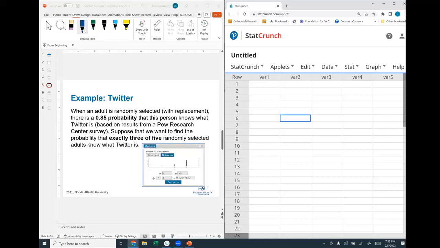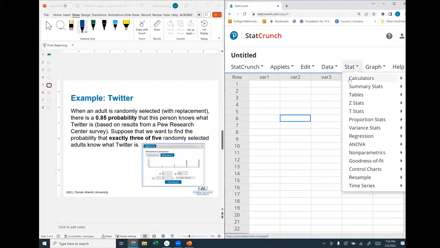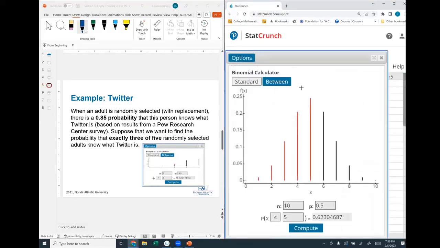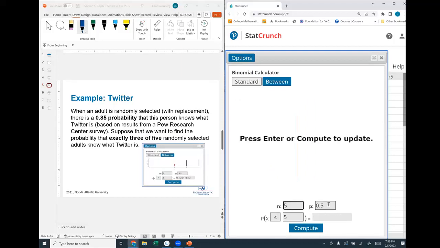So here's what we're going to do. We're going to go Stat, Calculators, and we have one that says binomial. Okay, and that's it. You don't even have to go into options because there's really nothing there. So here it's telling me that 3 of 5, so n is equal to 5. p is the probability of success.